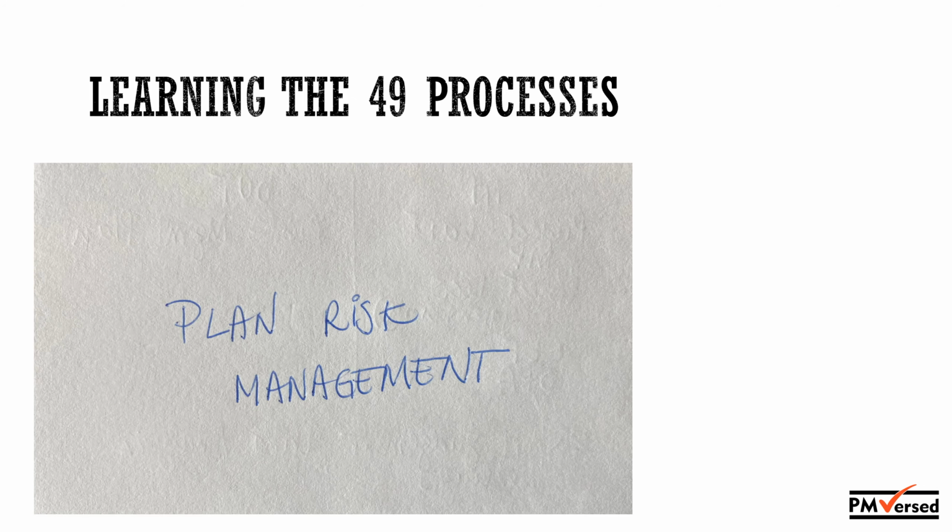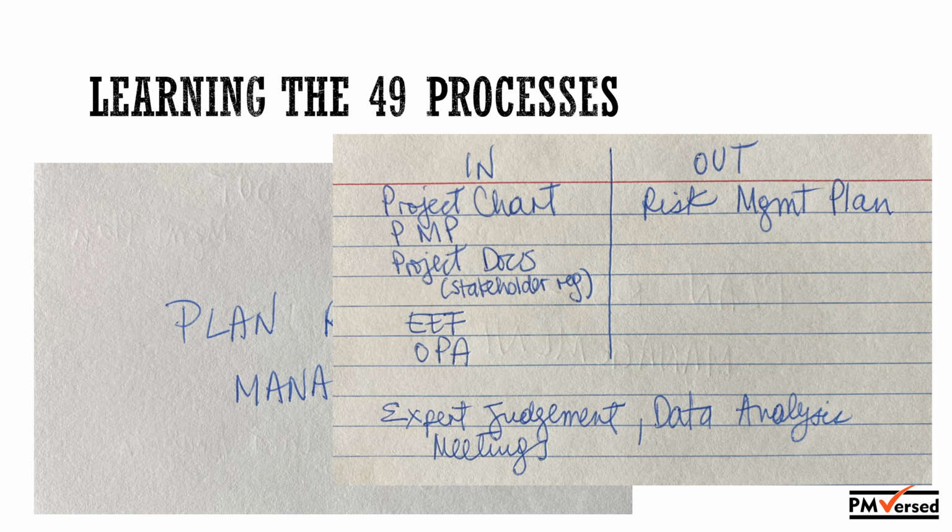One way to learn the 49 processes is to create index cards with each of the processes that you're trying to learn, and then on the back put the inputs and outputs, and at the bottom the tools and techniques that you use for it. You're going to study this every single day, making sure that it's not just memorization, but understanding and creating some sort of story on why some of these things are here, so that it leads you to the next process.